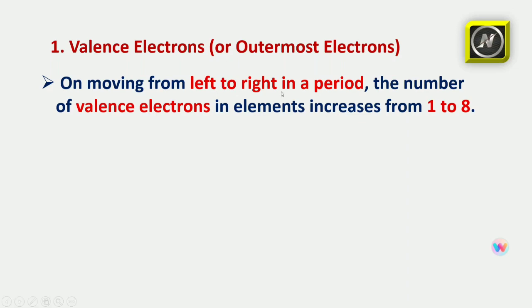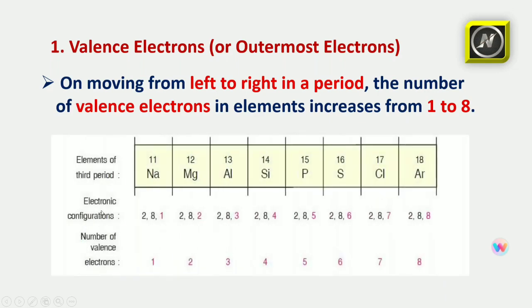On moving from left to right in a period, the number of valence electrons in elements increases from 1 to 8. For example, these are the elements of the third period: sodium, magnesium, aluminum, silicon, phosphorus, sulfur, chlorine and argon.